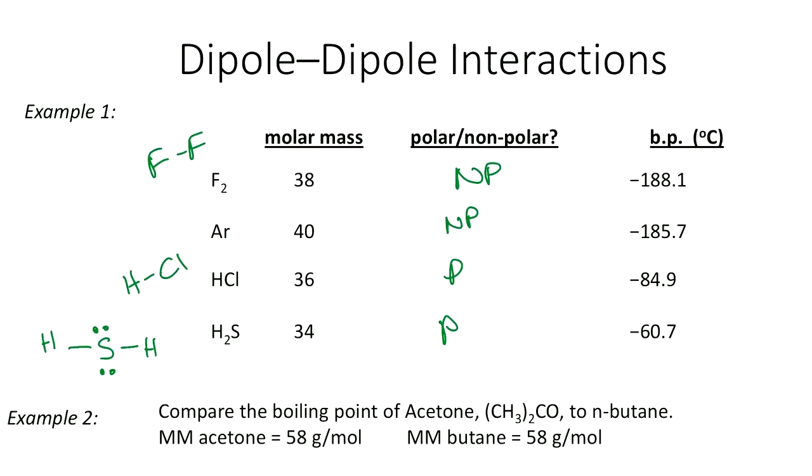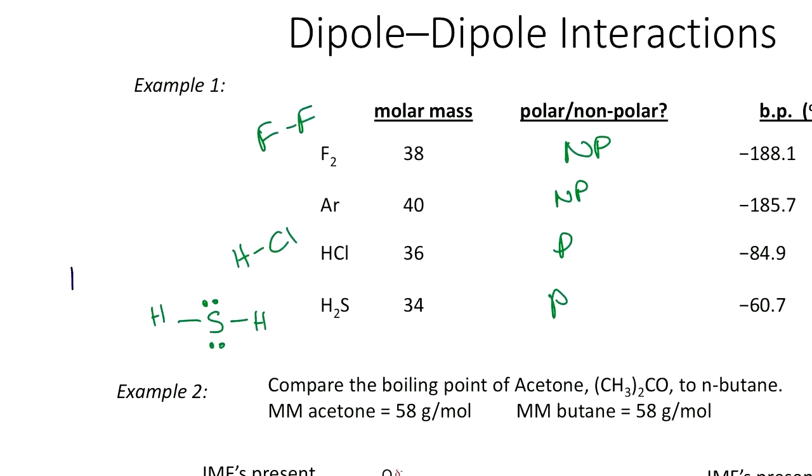Yeah, it does. But what's wrong with H2S? Is H2S flat? No, just like water. Is water linear? No, it's not. When we draw the Lewis structure this way, we have to understand the electron geometry is tetrahedral, so what this actually looks like is a bent molecule. Although this Lewis structure is correct, we can draw it this way that shows those hydrogens are in a bent arrangement, and this is in fact a polar molecule.